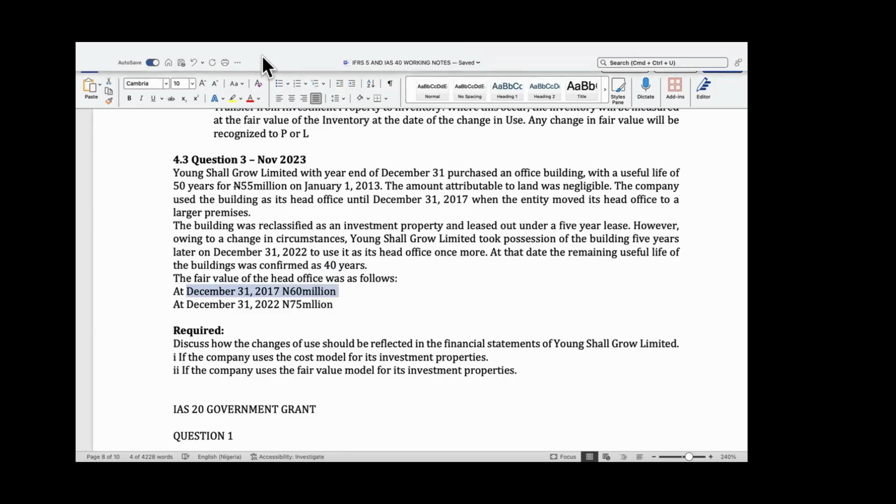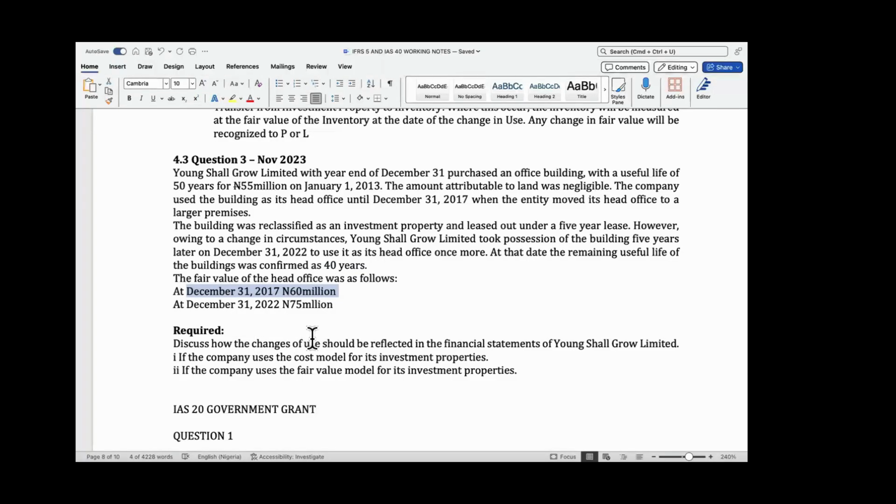Required: discuss how the change of use should be reflected in the financial statements of Young Shago Limited. 1, if the company uses cost model for its investment properties. 2, if the company uses fair value model for its investment properties.